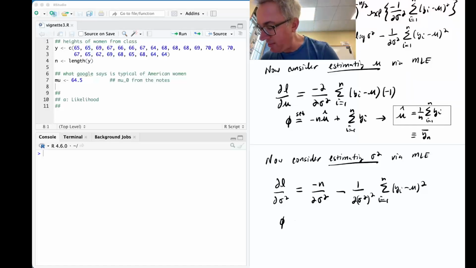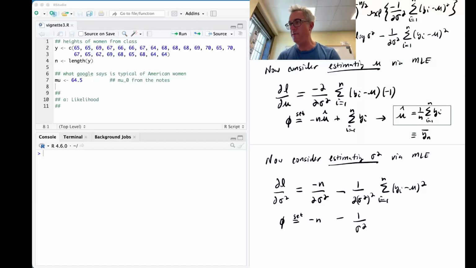We're going to set that equal to 0 and solve. So now I can multiply through by 2 times sigma squared everywhere. So I'm just going to have a minus n here, and then I'm going to have a minus 1 over sigma squared there, and then the sum is going to come along for the ride.